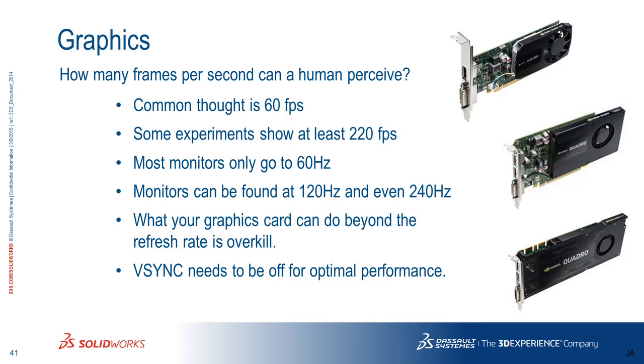And what your graphics card can do beyond the refresh rate is going to be overkill at that point in time. Now, one of the other things in talking with the NVIDIA guys is VSync for your graphics display, just for SOLIDWORKS, needs to be off for optimal performance. For SOLIDWORKS and all your really highly visual video games. Big deal there, too.